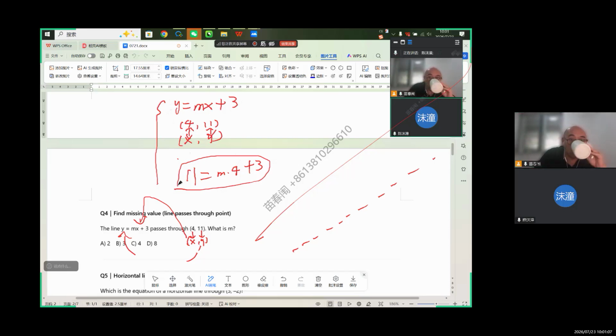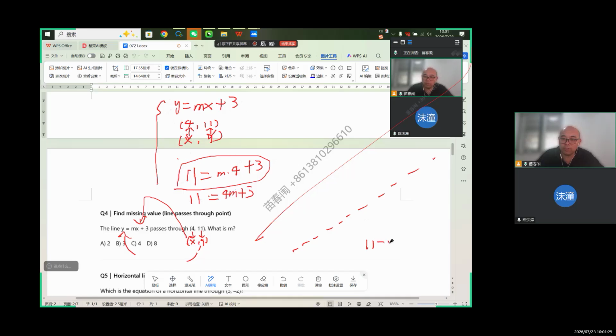To move some stuff. Oh, yeah. Which one do you want to move? I think I can simplify a little bit. So m times 4 is just 4m, right? In a way that I'm familiar with. So you move stuff.